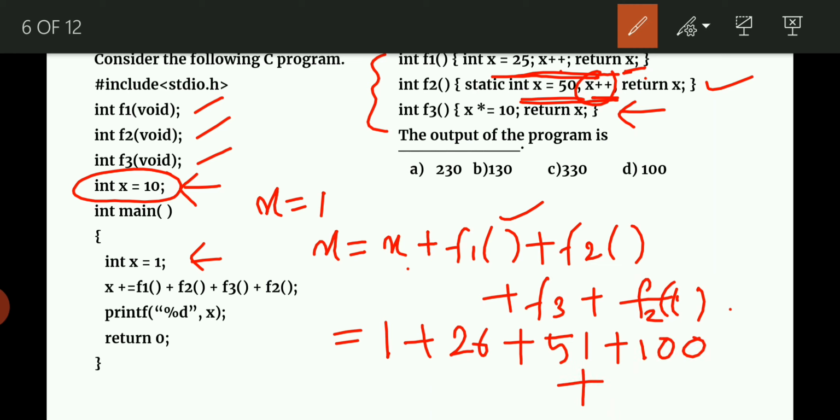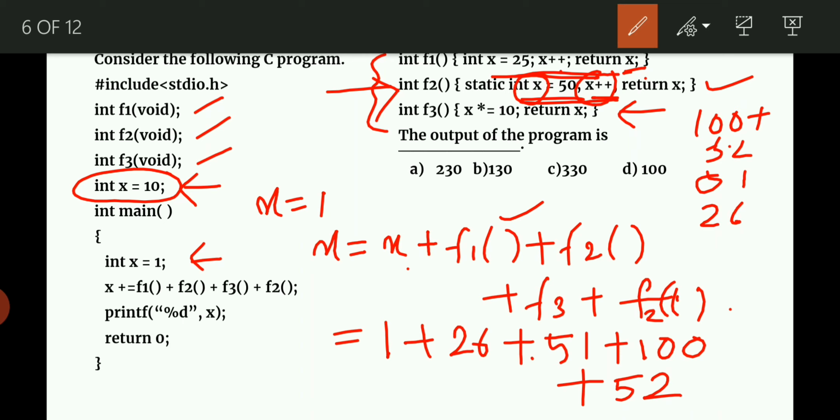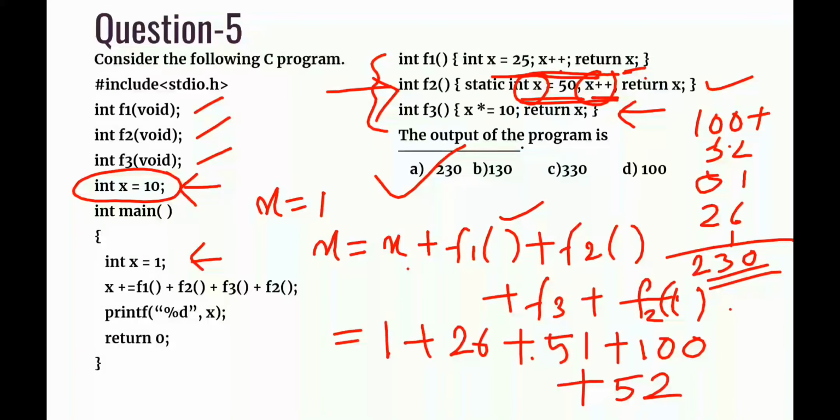It then calls function f2 again, and x is a static variable, so it will retain its previous value, which is 51. That is incremented by 1, so the new value returned by f2 is 52. Adding all those values, 100 plus 52, 51, 26 and 1, we get the value 230. So option A is the right answer.